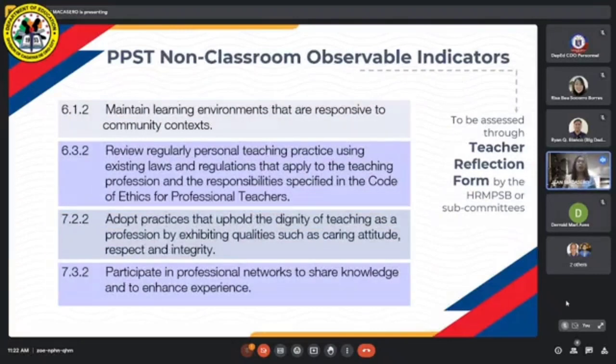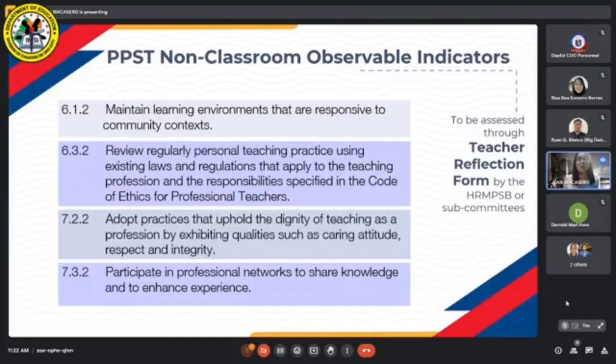Now, for the PPST non-classroom observable indicators, these are more on the teacher reflection form, an essay. This is based on these 4 indicators. 6.1 is maintain learning environments that are responsive to community context.